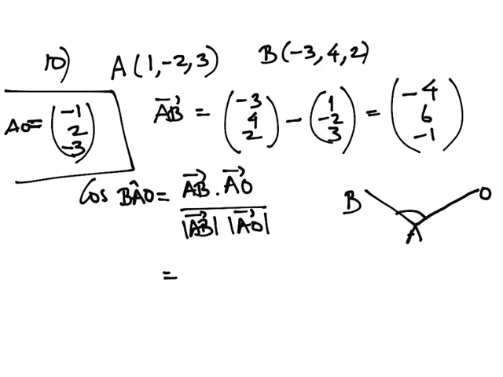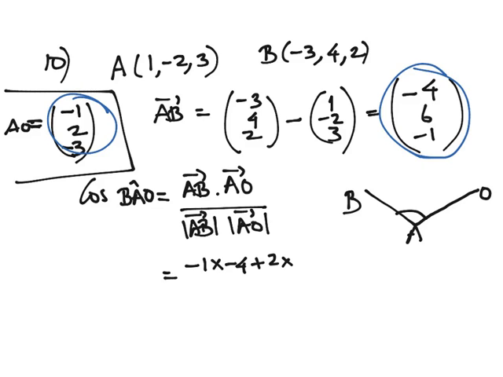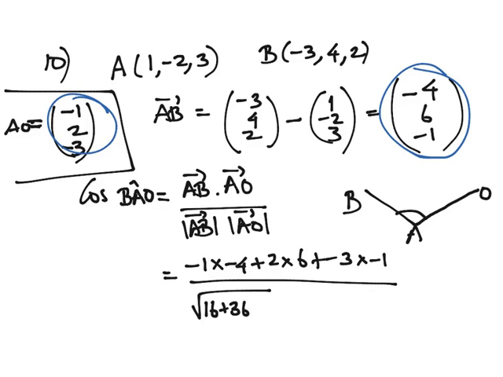So we have AB here and we have AO here. Let me find the dot product. You get minus 1 into minus 4 plus 2 into 6 plus minus 3 into minus 1, divided by the magnitude of AB, which is square root of 16 plus 36 plus 1, into the magnitude of AO, which is square root of 1 plus 4 plus 9.